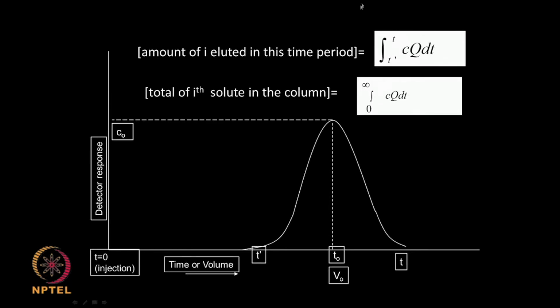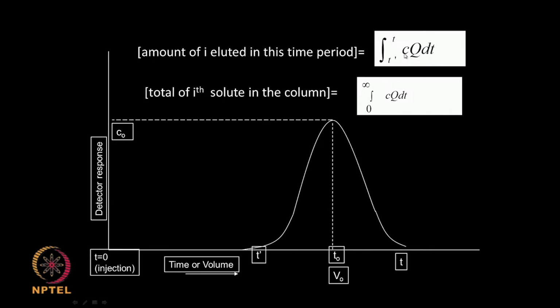The total amount of the solute that is coming out of the column is, if I integrate that equation from 0 to infinity. But if I collect samples between t dash and t only, then the amount of the solute that is eluting out will be the integral of C into Q dt.